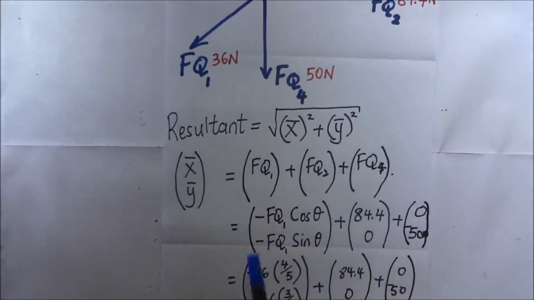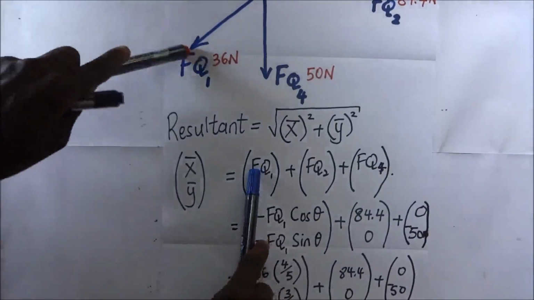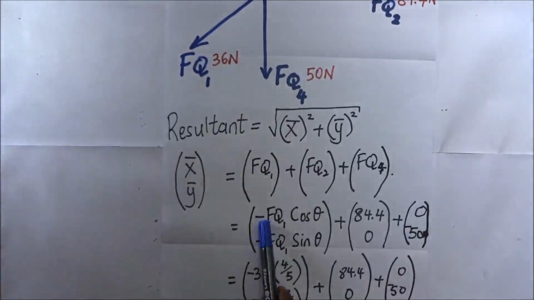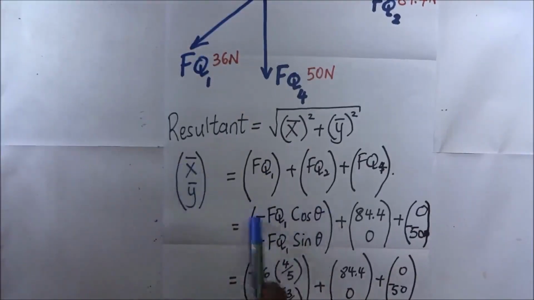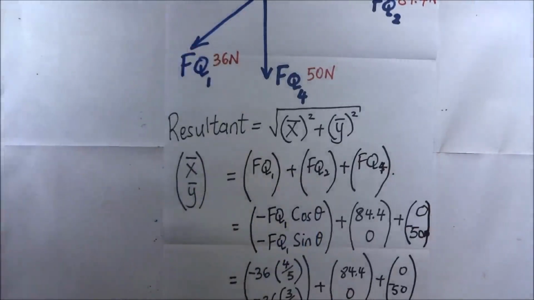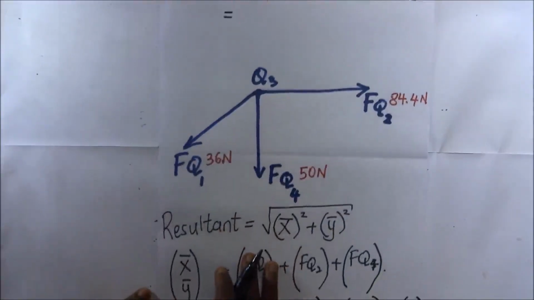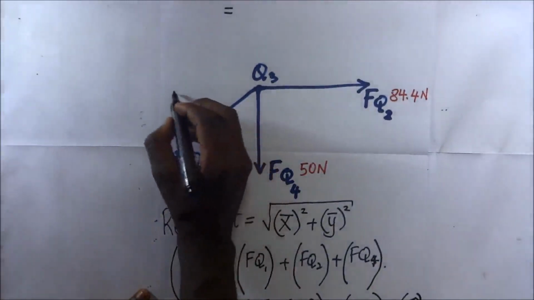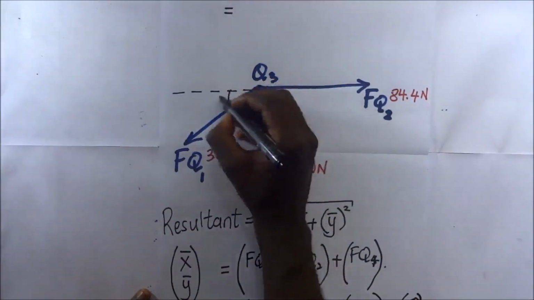So we go ahead and say for FQ1, which is this force, resolving it in the x direction, it is FQ1 cosine of theta. How does that come about? If you look at our diagram, we'll try to complete it like this. You find that it's inclined at an angle theta.